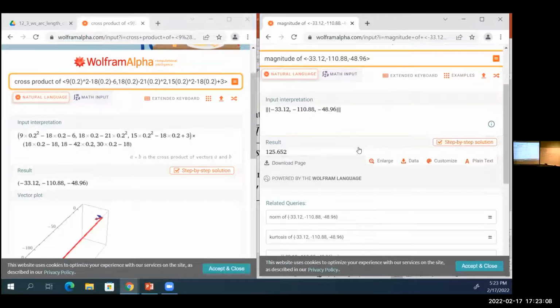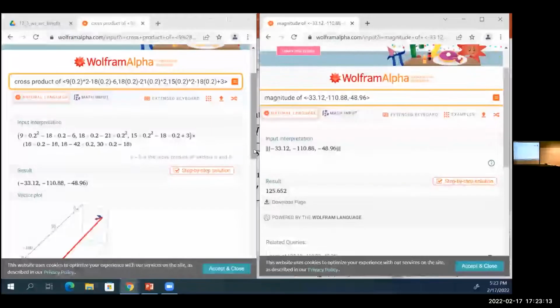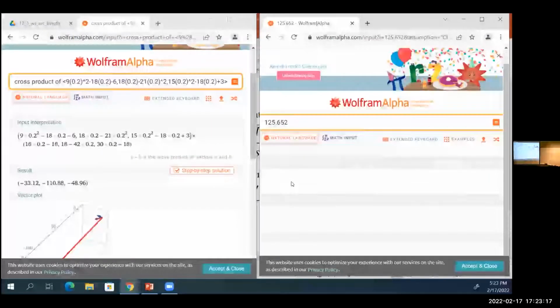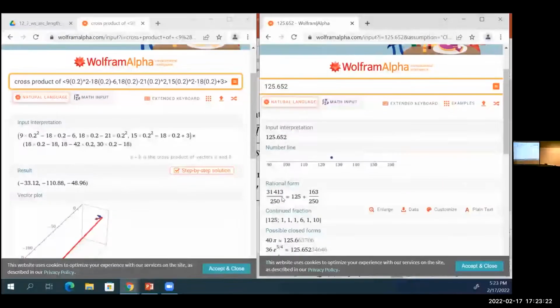One of the things we always want to do is check accuracy. Okay, looks like we're good. Make sure that we're not rounding off and losing any of our accuracy. All right, so that gives us our cross product.